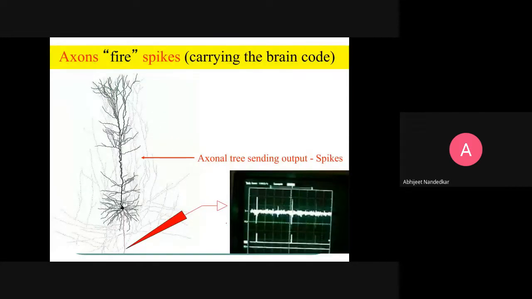Now, if you see closely how it looks, if I isolate one neuron, say this is the structure like this.